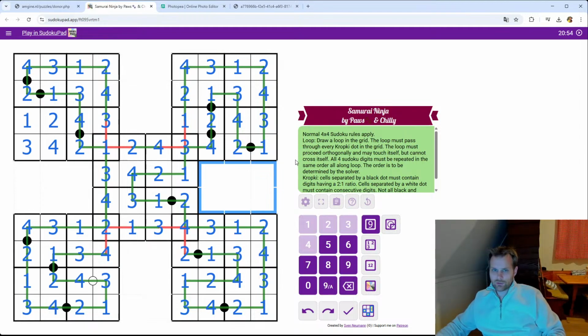Samurai Ninja 2. So this is Samurai Ninja 1, I suspect. And yeah, maybe a bigger one. So this is 4x4s. Maybe a 6x6 version of it. I like the concept. Also, I was confused by it.